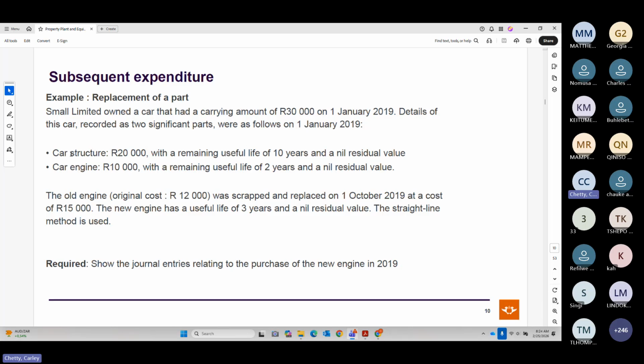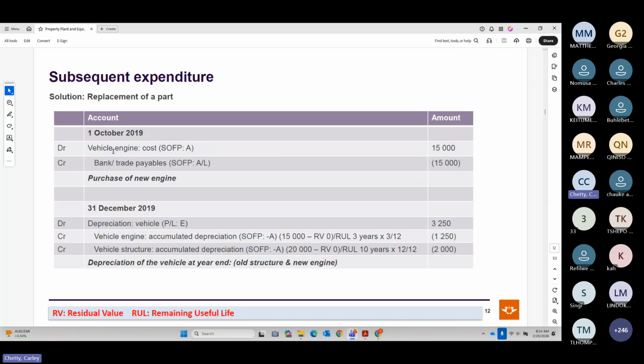So we need to also process depreciation on the car structure. So we are depreciating the structure for the full year because it was available for the full year. So we're going to take the 20,000 Rand minus the residual value of 0, divided by the remaining useful life of 10 years, and that gives us 2,000 Rand worth of depreciation for the full year.